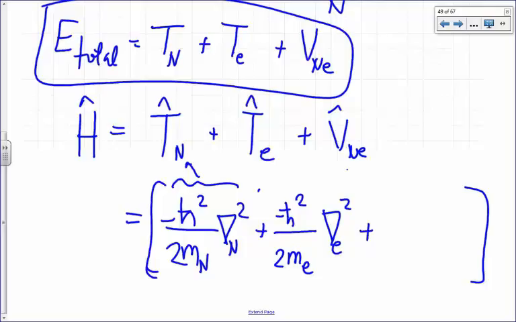Jonathan, what's the expression for the potential energy operator? No, negative h bar squared over 2 times the mass, that's for kinetic energy. 1 over 4 pi epsilon naught.